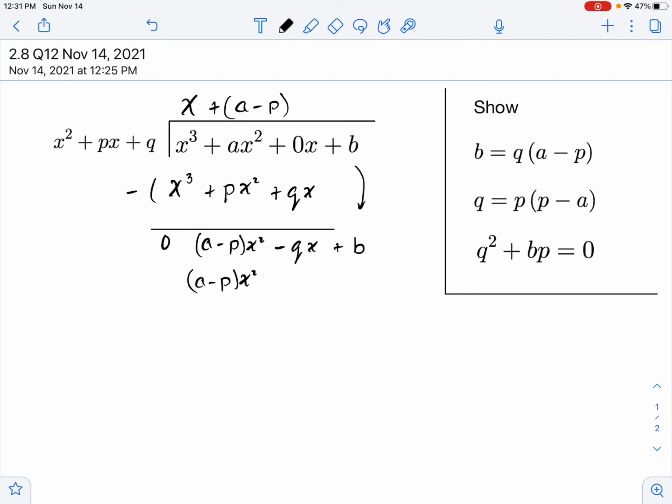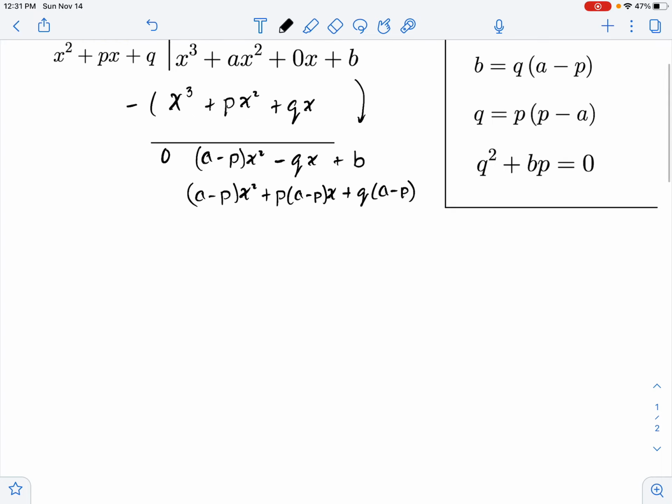Then I have a minus p times px, so that is p times a minus p x. And then finally, I have a minus p times q, so that is plus q on a minus p.